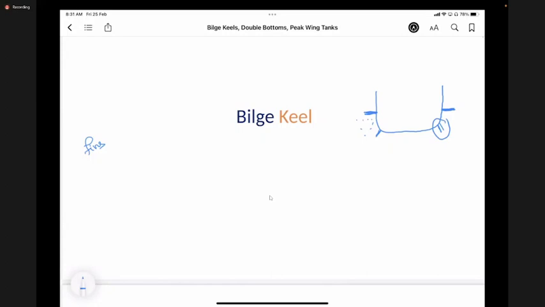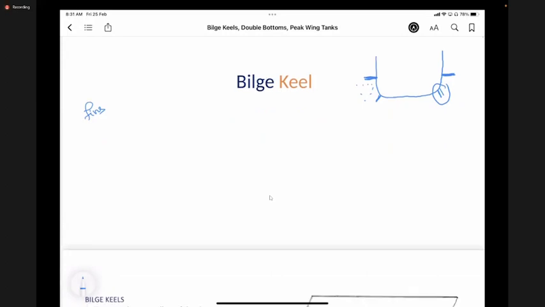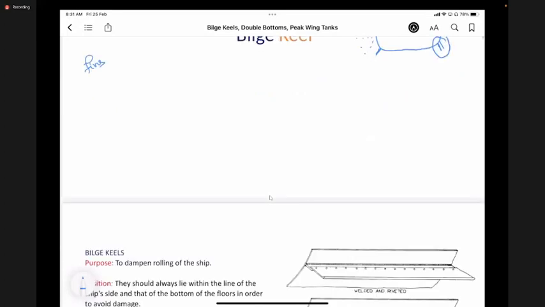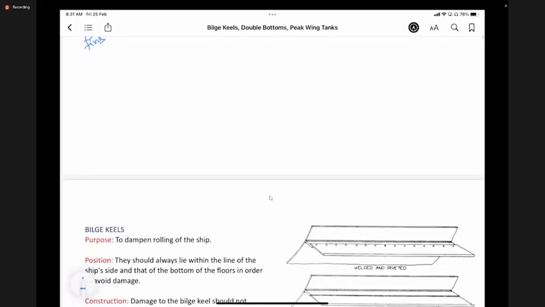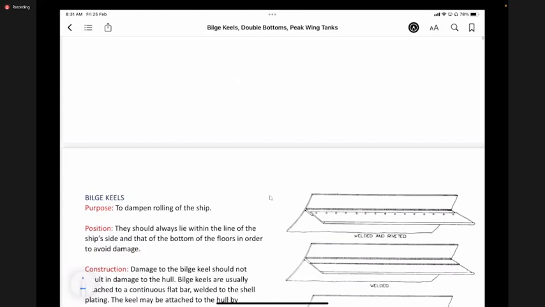So let you see. Right now, the bilge keel is added in a manner that it does not increase the breadth of the ship. The reason is whenever we start making a ship, we usually know the route.